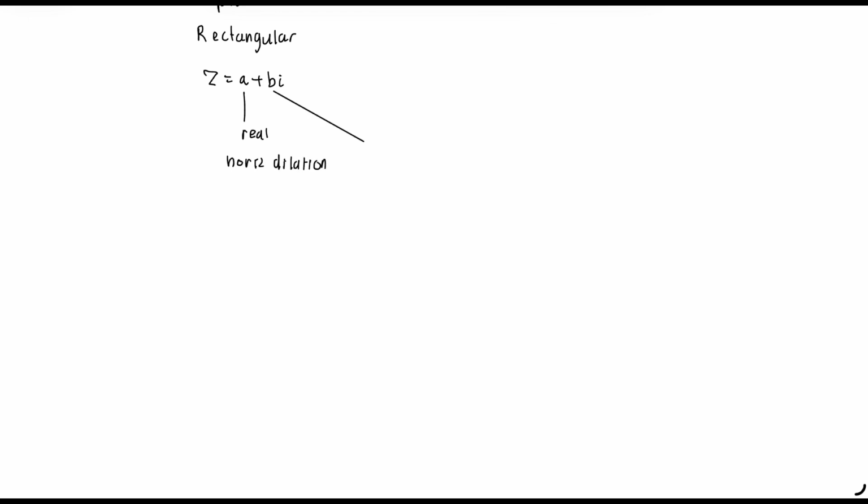B is your imaginary part and is your vertical direction or axis.